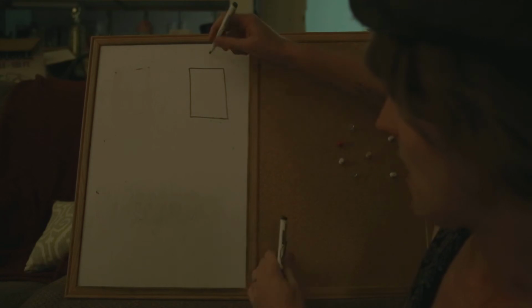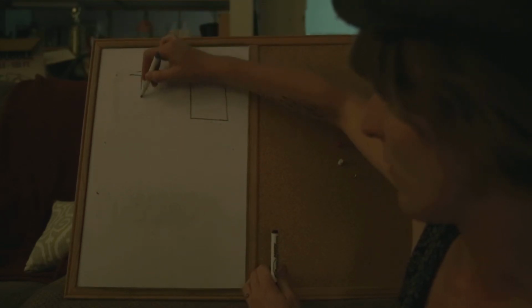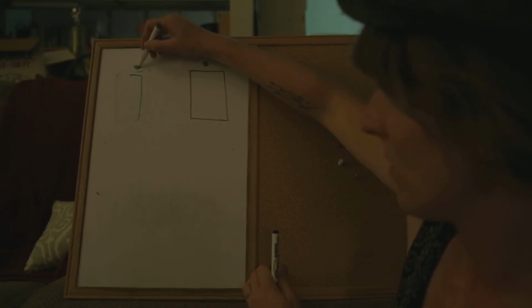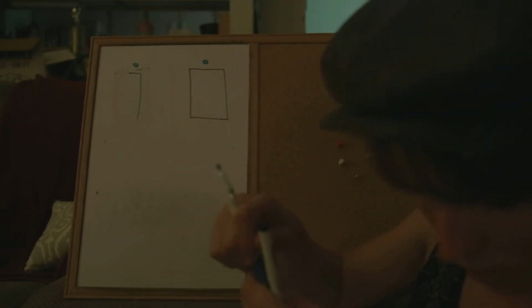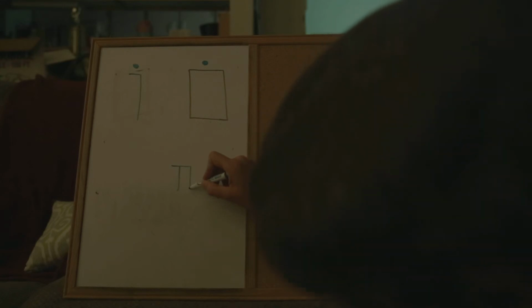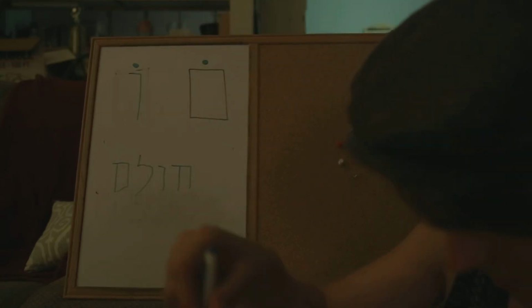So cholam is the dot above it. And often it'll be with a vav, like we talked about before, and that'll be an O. Cholam vav. So cholam is written cholam. And then you have the mem sofit, so the mem at the end of the word.